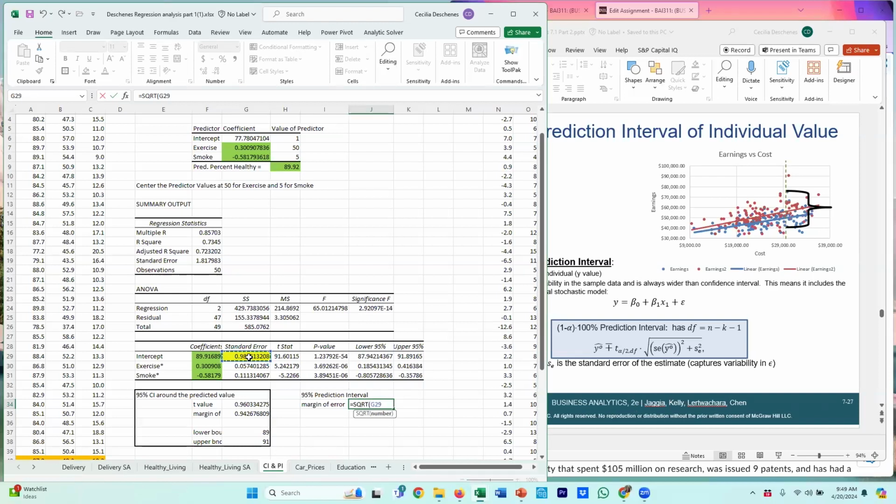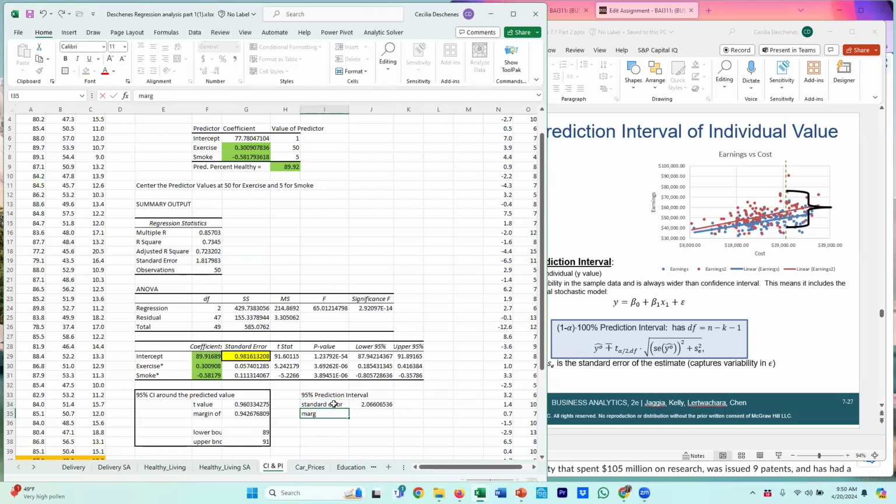That's that number. And we're going to square that, and add to that the standard error of the estimate, which is up here, and square that. We're going to add these together and then take the square root. Sorry, that should have been the standard error.